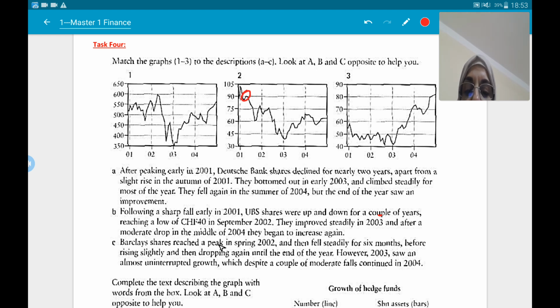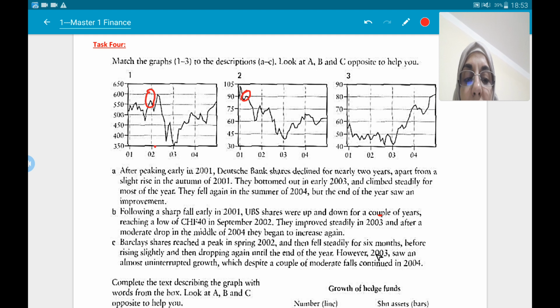Barclays shares reached a peak in spring 2002. Here is the peak in 2002. And then fell steadily for 6 months, before rising slightly, and then dropping again until the end of the year, and again rise and then dropping again.